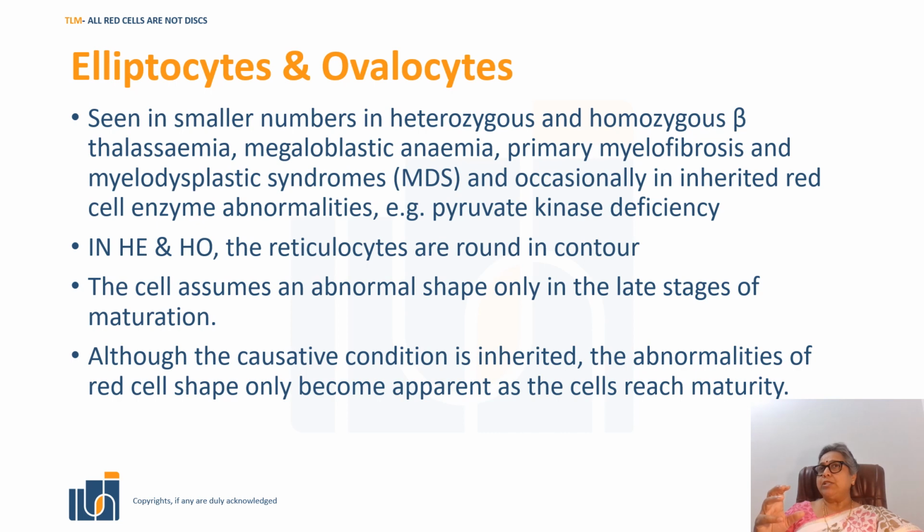So when you're having HE with hemolysis, you're going to be seeing more of the reticulocytes, which are round in contour. An interesting thought. So these deformities only occur in the late stage of maturation. Again, another pointer that you must keep in your mind.